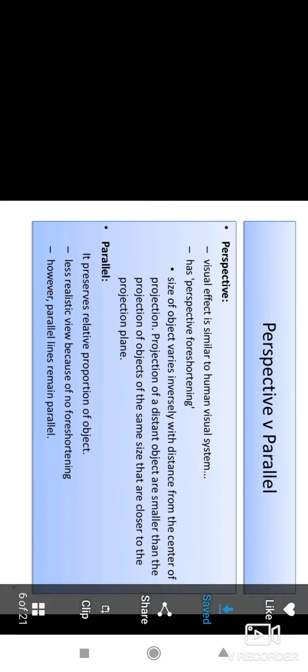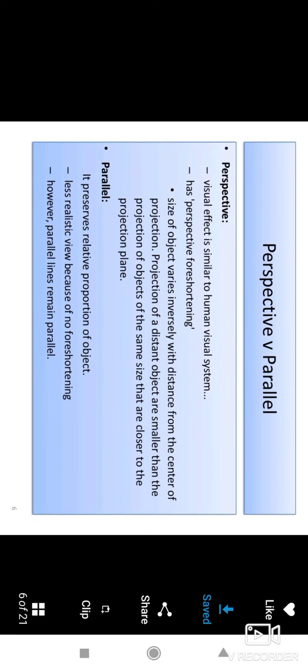Next we have the difference between perspective projection and parallel projection. As I told earlier, in perspective projection, the coordinates of the 3D objects are projected in such a way that they converge to a point known as the center of projection.